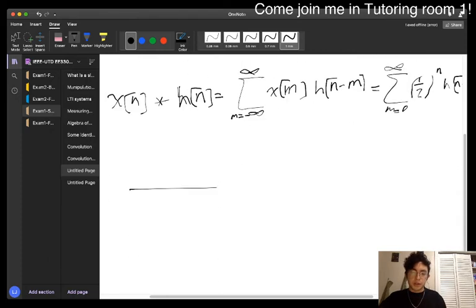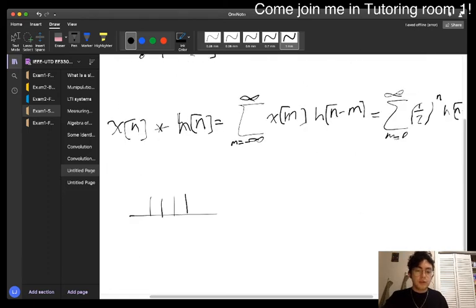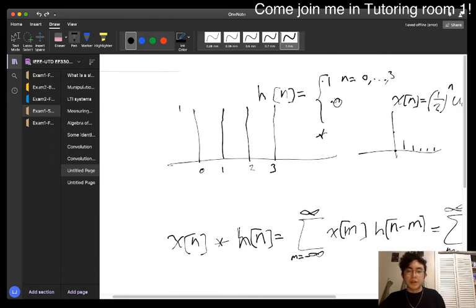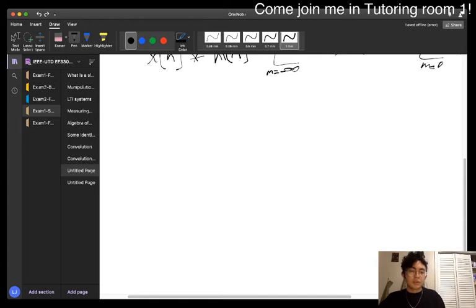So we get 1, 2, 3, 4. Remember to flip and shift the one that's being moved around. So let's rename it: m plus 1, m plus 2, m plus 3.